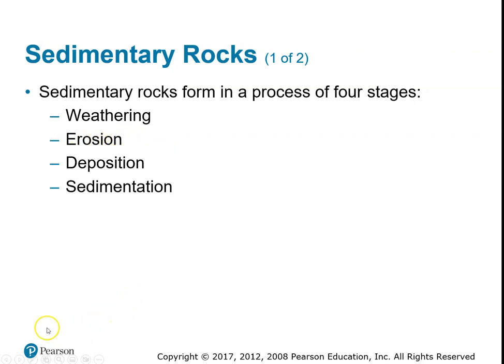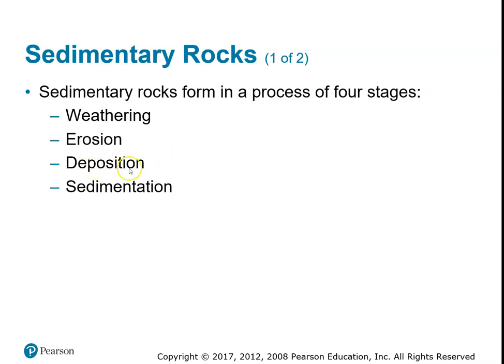All right. The next one is deposition. We were just talking about erosion, and what happens when the water erodes part of a rock. Imagine a flash flood or something like that. The deposition would be where that rock material ends up.